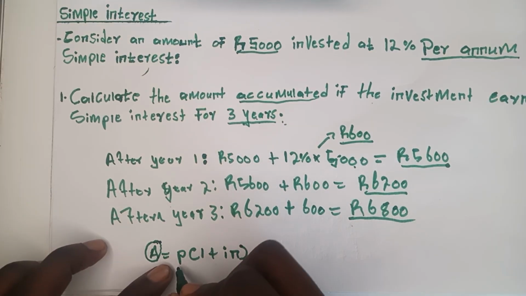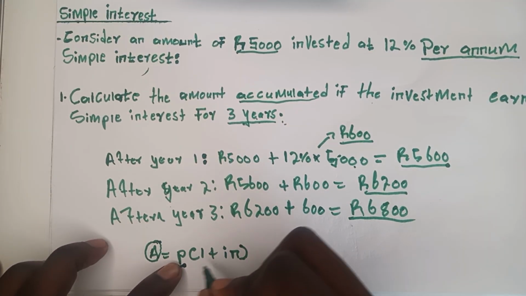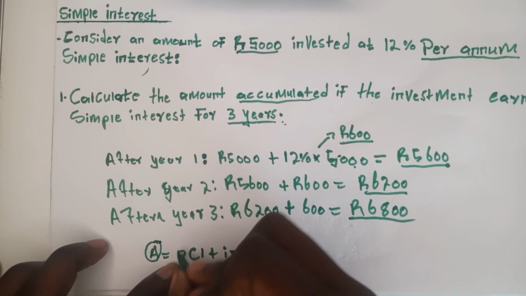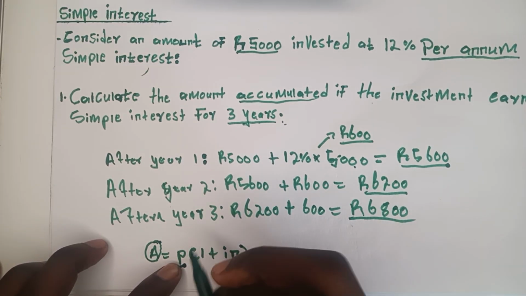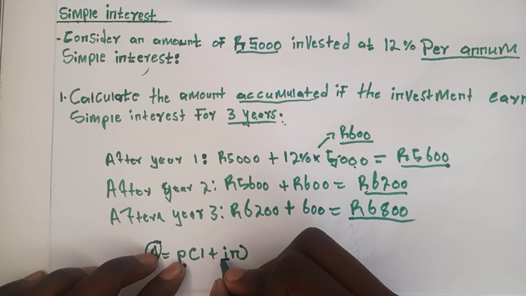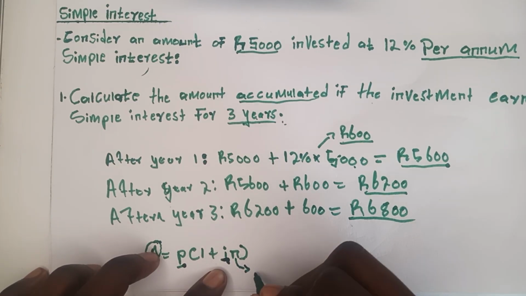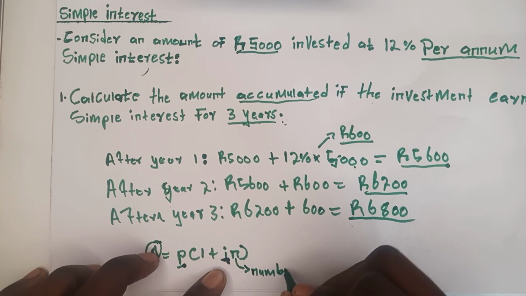This P is called the principal amount, or you can think of it as the initial amount that you invest in a certain financial institution. This i is the interest rate. And this n represents the period, which is calculated using the number of years.